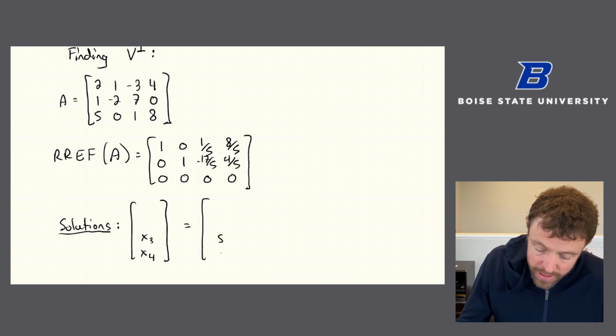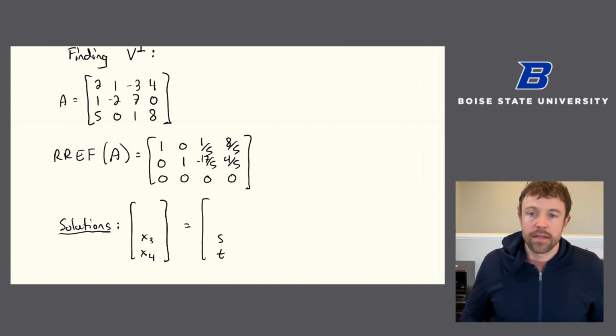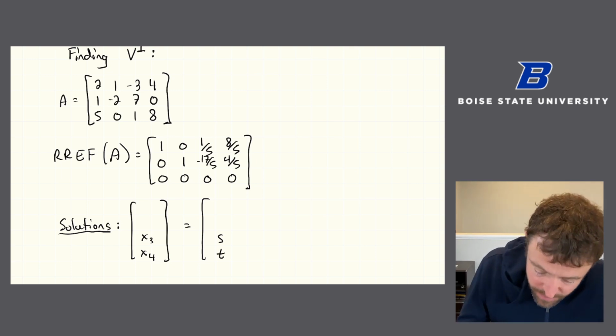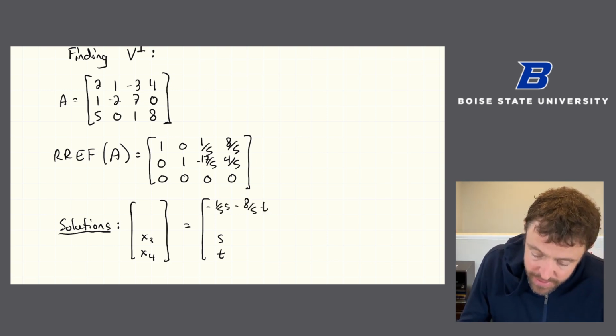Let's do them in order. I'll call x3 s and x4 t. Then what do I end up getting? I end up getting that x1 is negative 1/5 s minus 8/5 t.